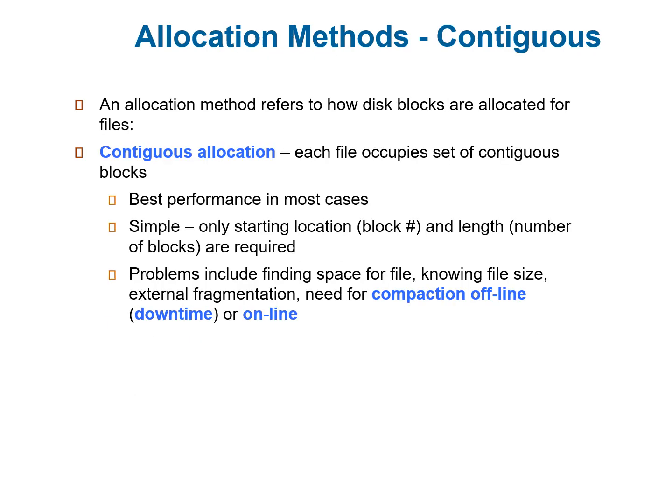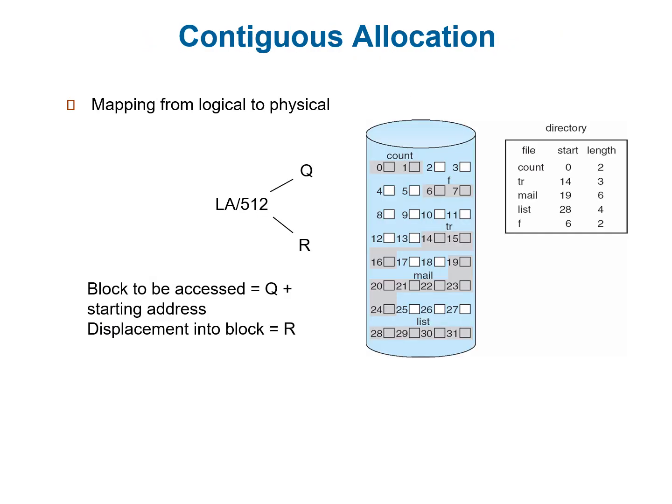And we have allocation methods. So we have the contiguous memory allocation method. Let me see this. So what is the contiguous allocation method? In the contiguous memory allocation method, we have a group of files.